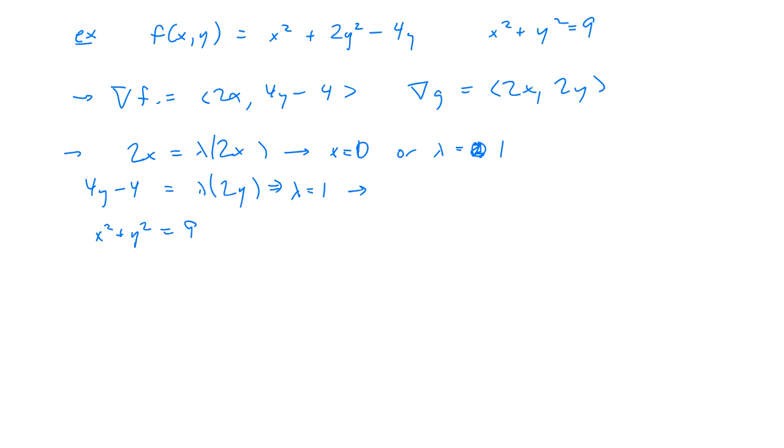Because it gives me 4y minus 4 is equal to 2y, and 4y is equal to 2. And then this gives x equal to plus or minus the square root of 5.